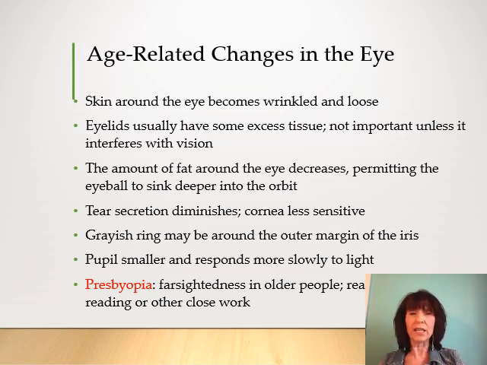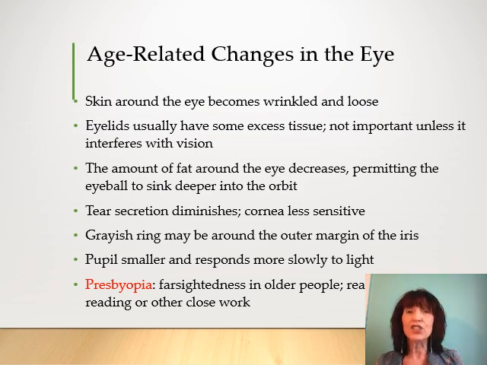Have you ever seen on TV some of these people that their eyes look like they're wide open? They probably can't even close at night. But anyway, the amount of fat around the eye decreases, permitting the eyeball to sink. So some patients look like they have sunken eyeballs. Tear secretion diminishes, and the cornea becomes less sensitive to light.